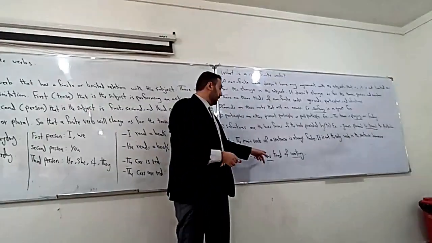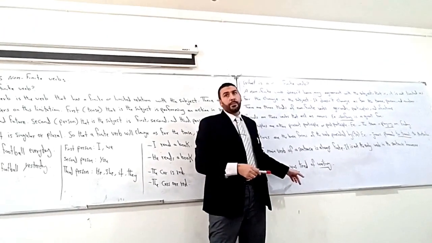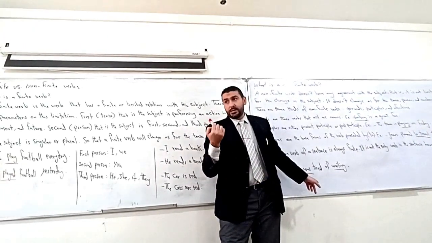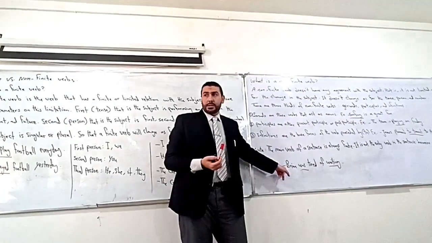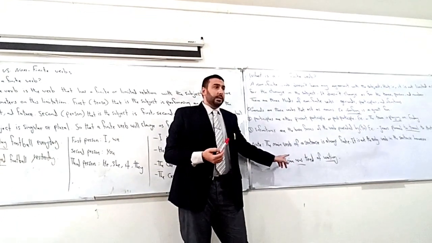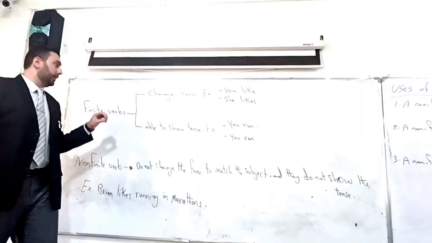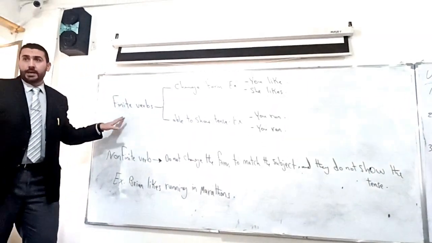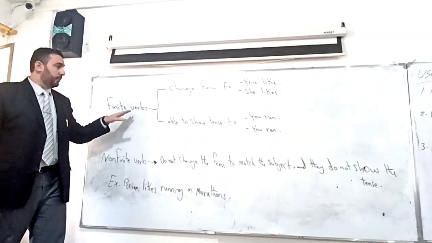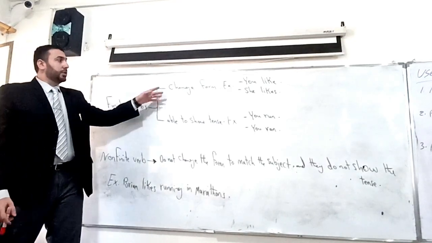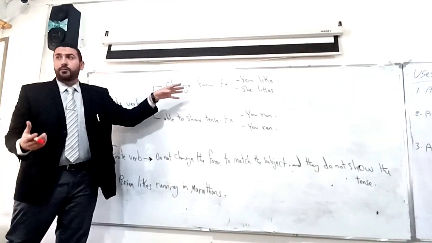Because here it's referring to the past tense, and it is affected by the subject, the person and the number. Okay. Now we can say that finite verbs can change the form of the verb.